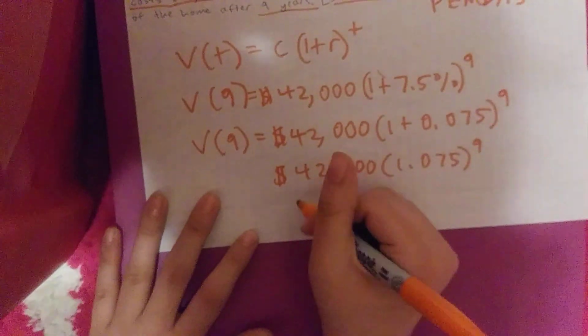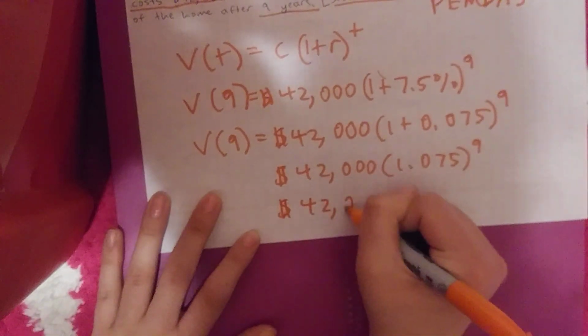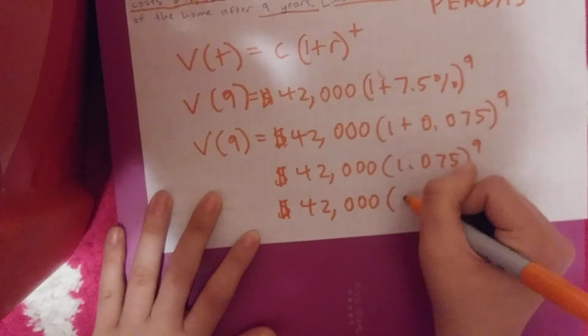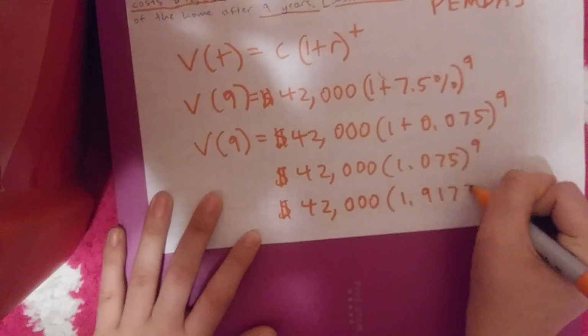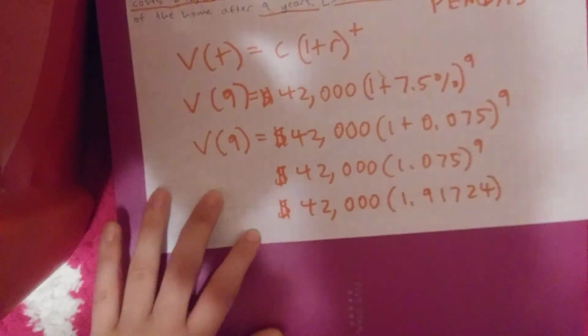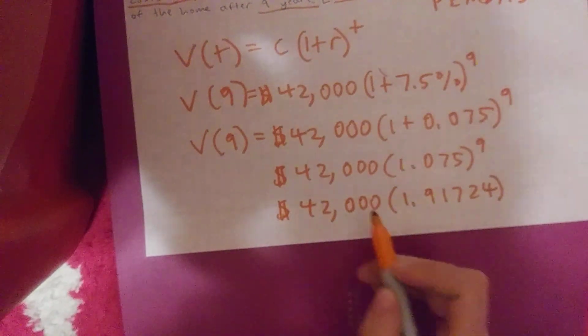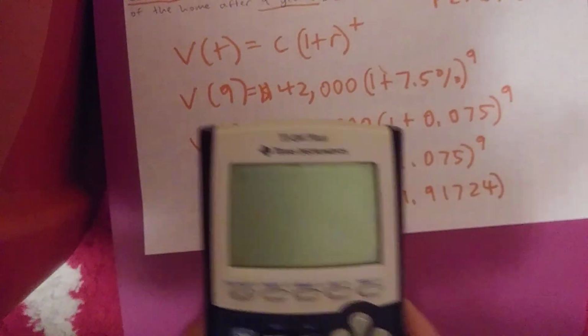So let's rewrite it. 42,000. And now that we solved this, it becomes times 1.91724. Alright, so now all we need to do is multiply these two. So that, again, is something that can be best done on the calculator.